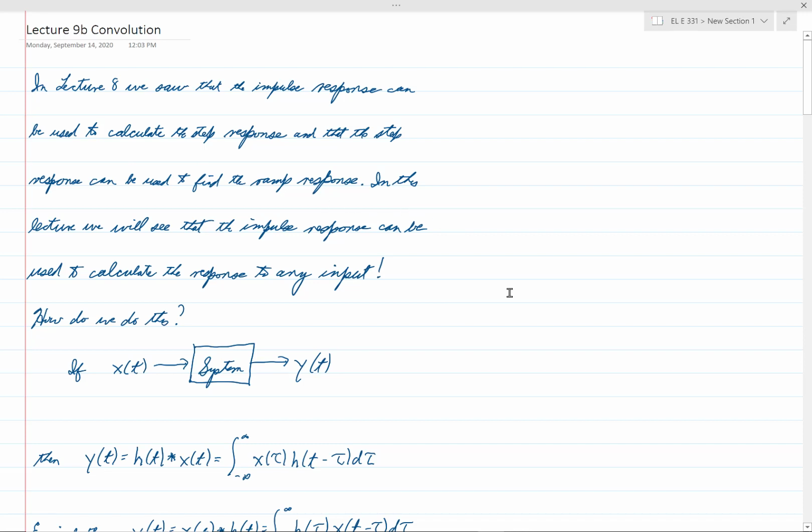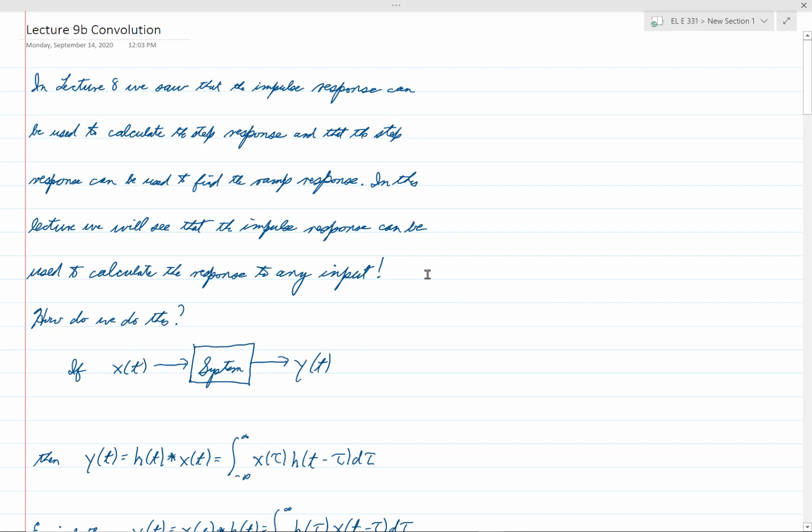So that begins to show us why it's important to know the impulse response of a system. But in fact, if you have knowledge of the impulse response, that can be used to find the response of the system to any input. And that's what we're going to see how to do in this lecture.